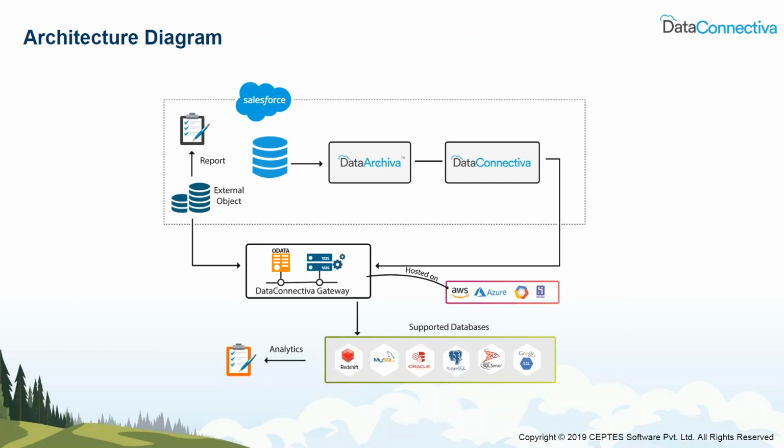And the next part is that during archiving, any object that you configure on Salesforce results in tables in your relational databases, along with all the relationships. So anytime you archive data, the data goes through these two different components and then into a database.